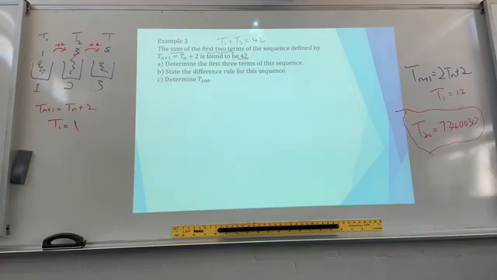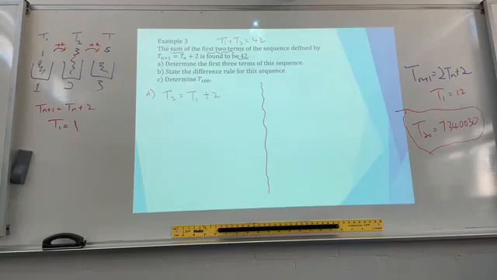So, can you then determine the first three terms of this sequence? Now, if you're not sure about the sequence rule, go back to look at the lesson slide from last week. I'll show you what to do in a few minutes. So I know T2 equals T1 plus 2. Correct?